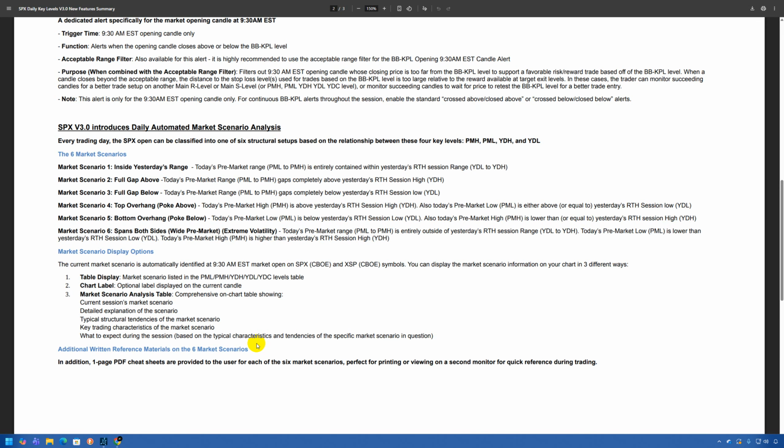Market scenario 6 is the both-sides wide pre-market extreme volatility market scenario. This is a market scenario in which today's pre-market range, the PML to PMH, is entirely outside of yesterday's RTH session range, YDL to YDH, meaning today's pre-market low is lower than yesterday's RTH session low, YDL, and also today's pre-market high, PMH, is higher than yesterday's RTH session high, YDH.